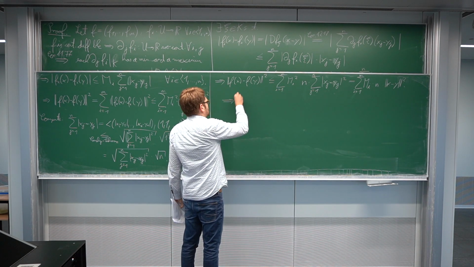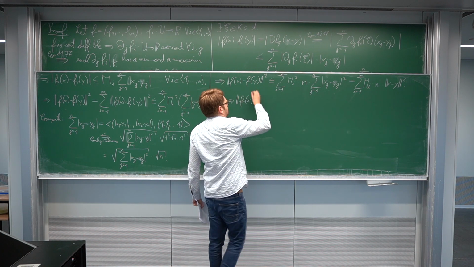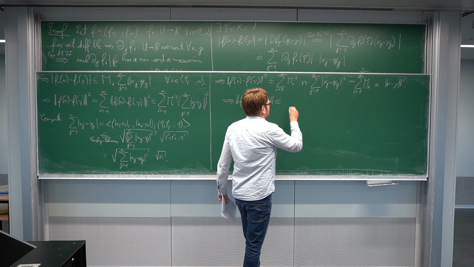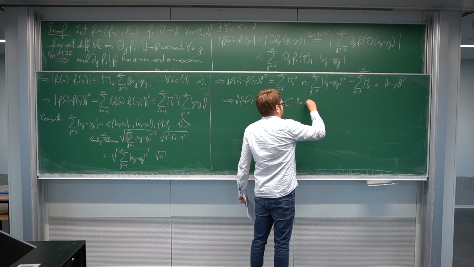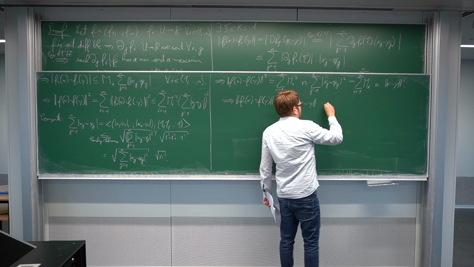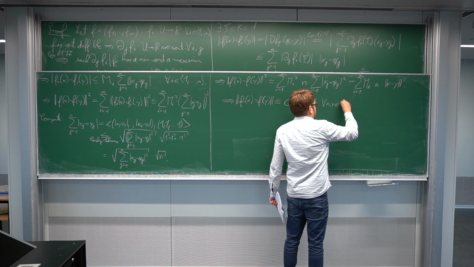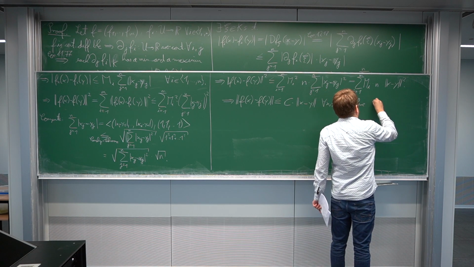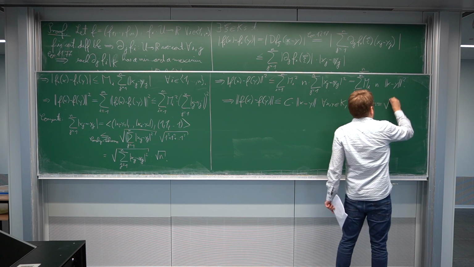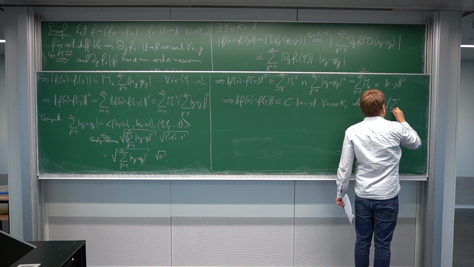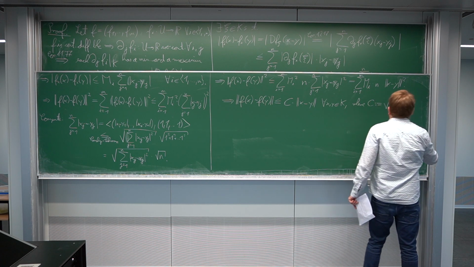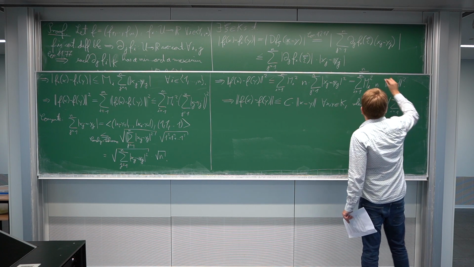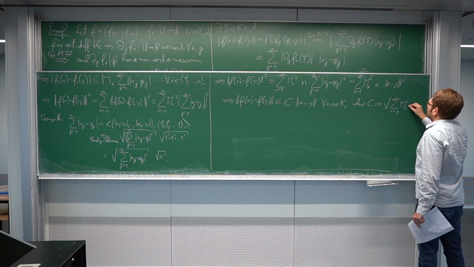So this means we have shown that, if we take roots, the norm of f of x minus f of y is smaller than or equal to c times the norm of x minus y for all x, y in K. And c is then simply defined as the square root of the sum from i equals 1 to m of mi squared times n.